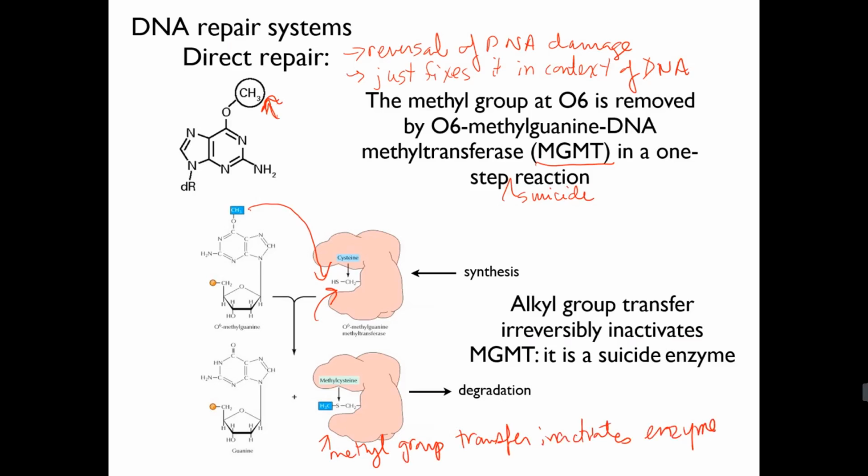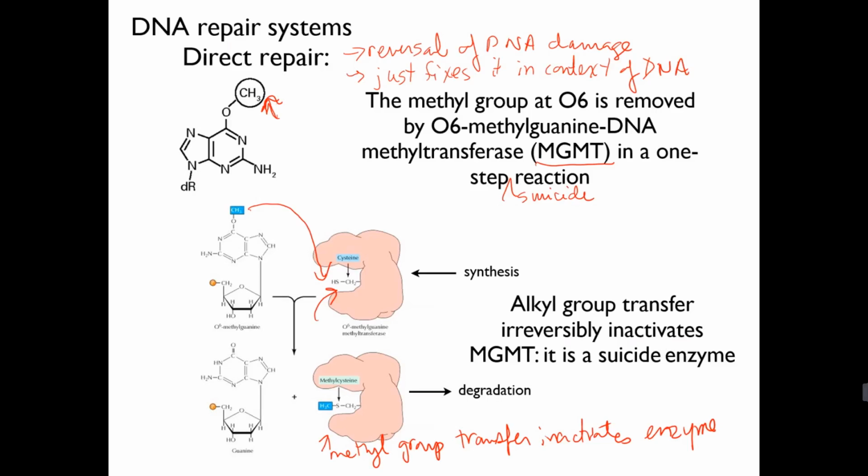Okay, so is this a costly scenario? Yes, it is, because each time you synthesize this protein, it can repair exactly only one alkylated base, and then the protein has to be degraded and its components recycled.